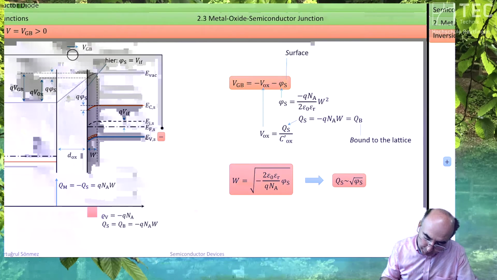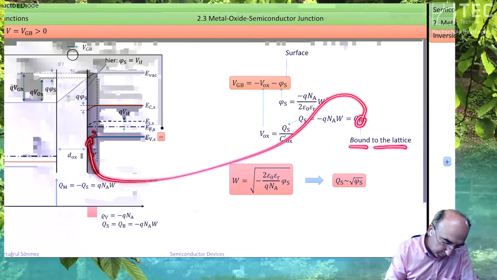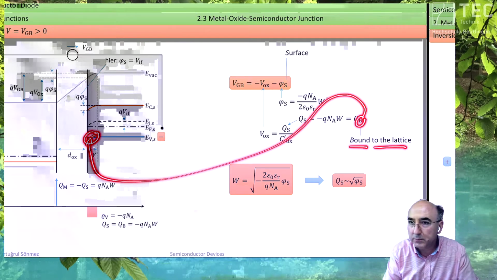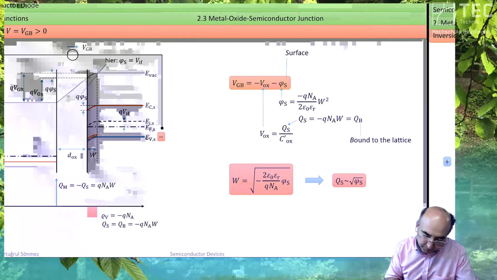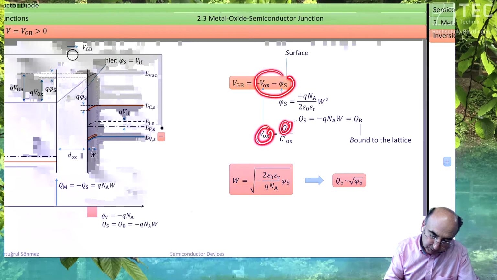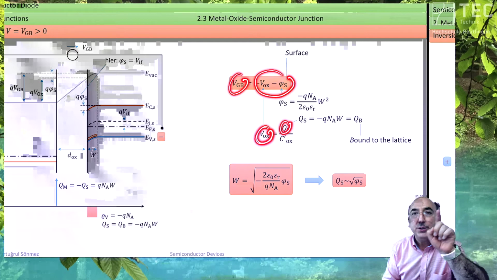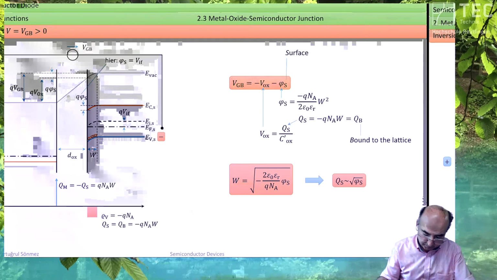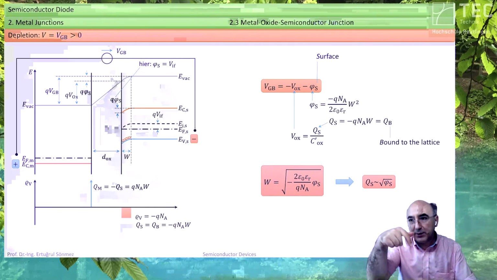So the charge bound to the lattice, because it's not movable, defines the charge, and this charge defines the voltage, and the sum of these two voltages is your voltage. Okay, that's enough for this slide.